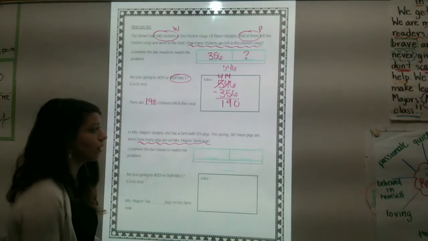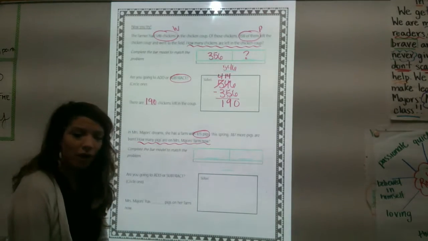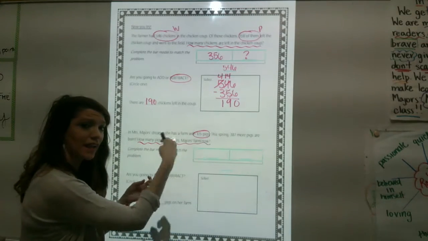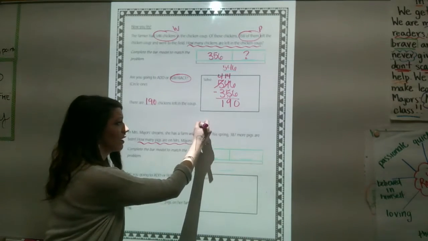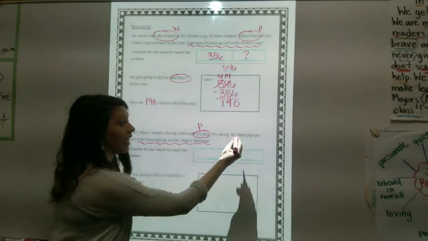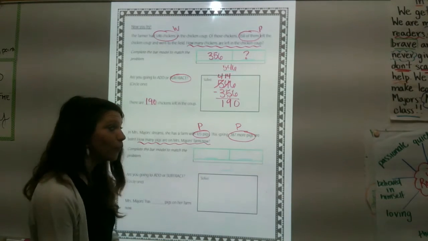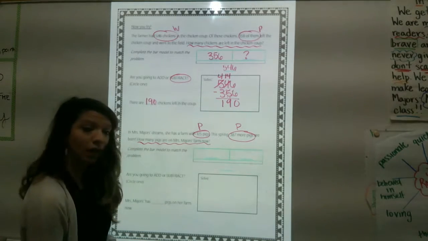I had a farm with 125 pigs. Is that a part or a whole? Well, when I look at it, I know that in my problem I get more pigs. So this is just part of the pigs that I have. Then in the spring, I got the other part of the pigs. I got 387 more pigs. And my question is asking how many pigs are on my farm now.